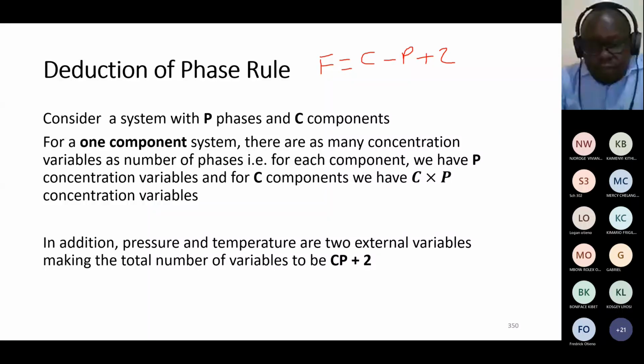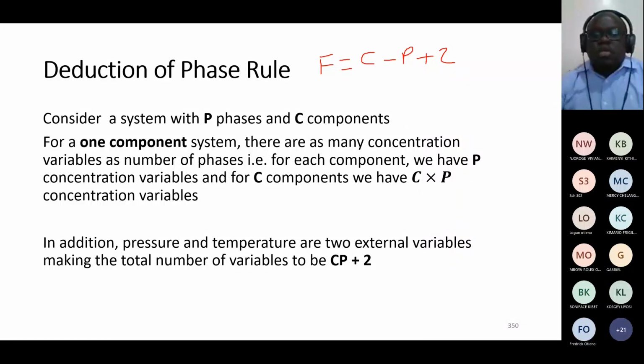So we can say that for each component, we have P concentration variables. So if you have more than one component, if you have C components, then we have C times P concentration variables. Now, apart from the concentration variables, to describe a system, you also need pressure and temperature.